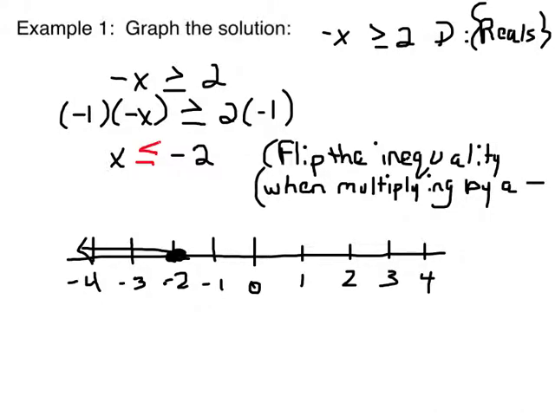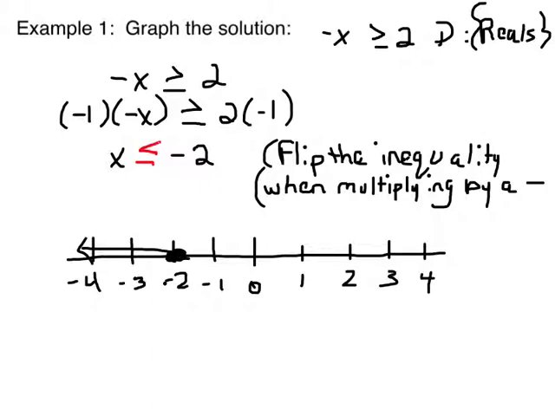Okay, let's see how we would graph this first example. It says graph the solution, negative x is greater than or equal to 2, and our domain will be real numbers when we graph. If we multiply both sides by negative 1, then we get rid of that negative in front of the x, which is our goal. We can't have a negative x.